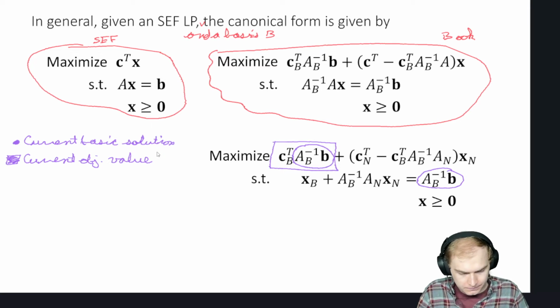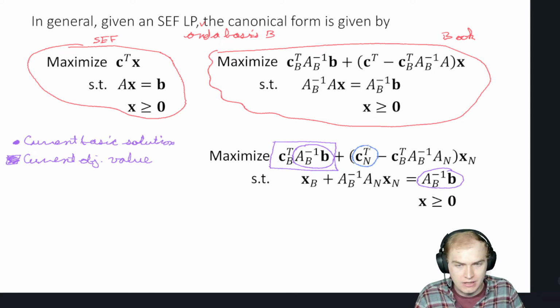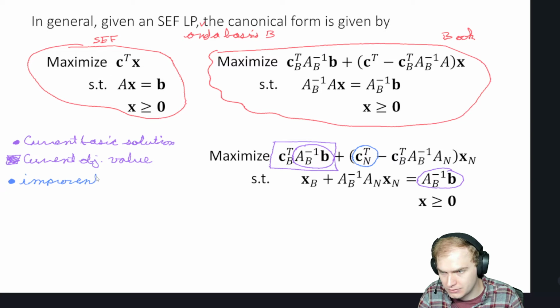Then Cn is the objective coefficients for our non-basic variables. So that would be improvement from non-basics.